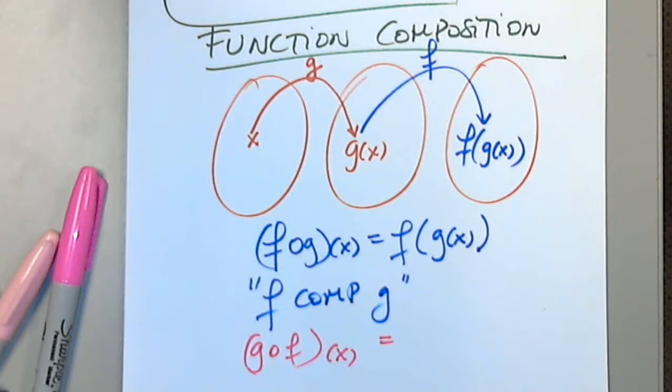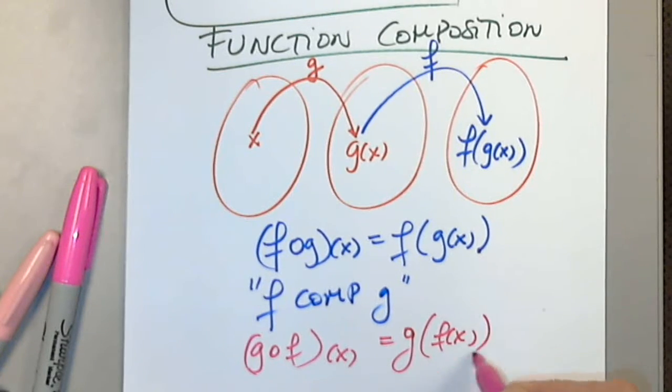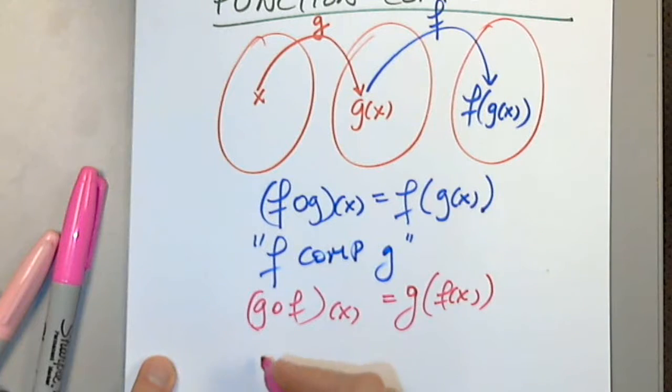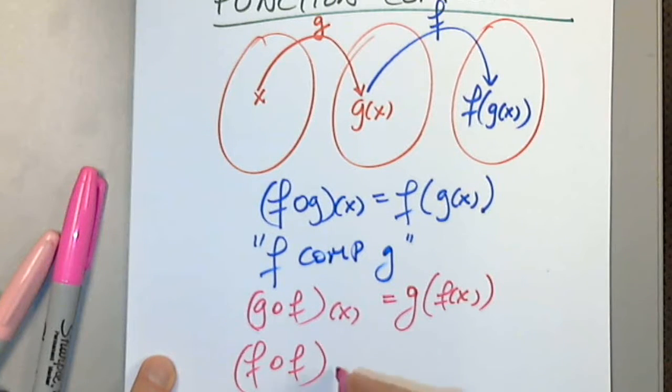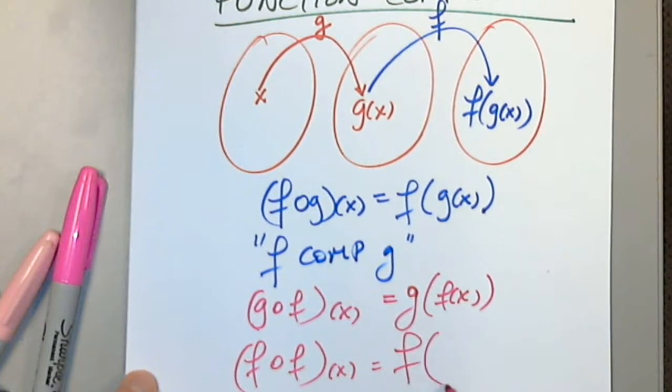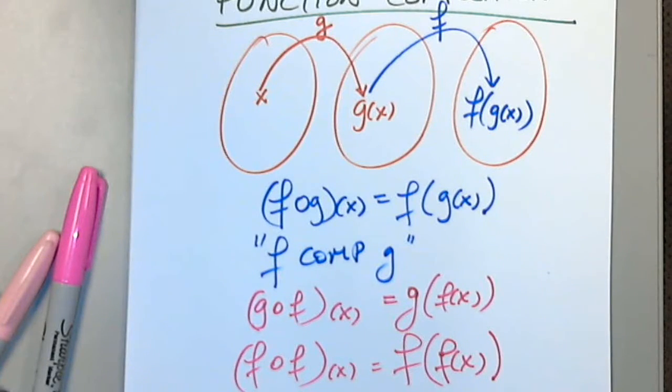What am I trying to do here with g comp f? Very good. Indeed, g of f of x. What if I want f comp f? The composite of f with itself. F of f of x. Good.